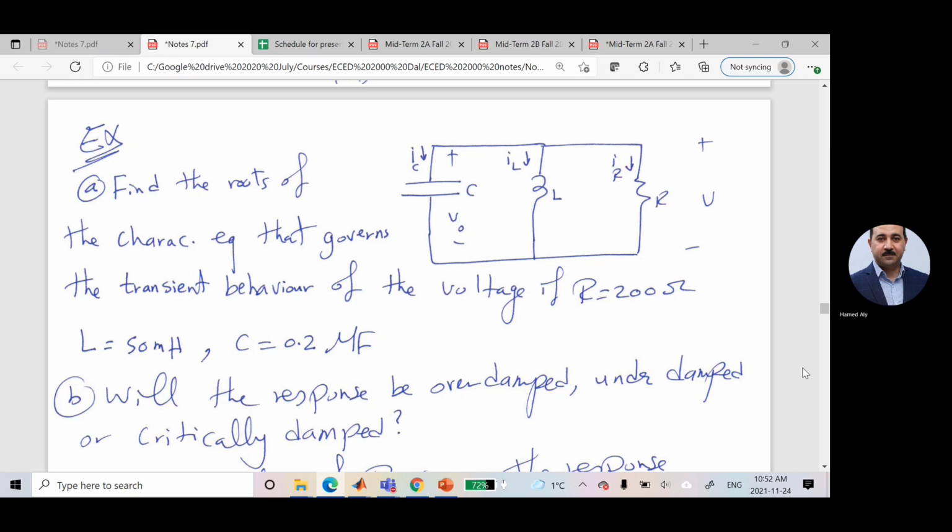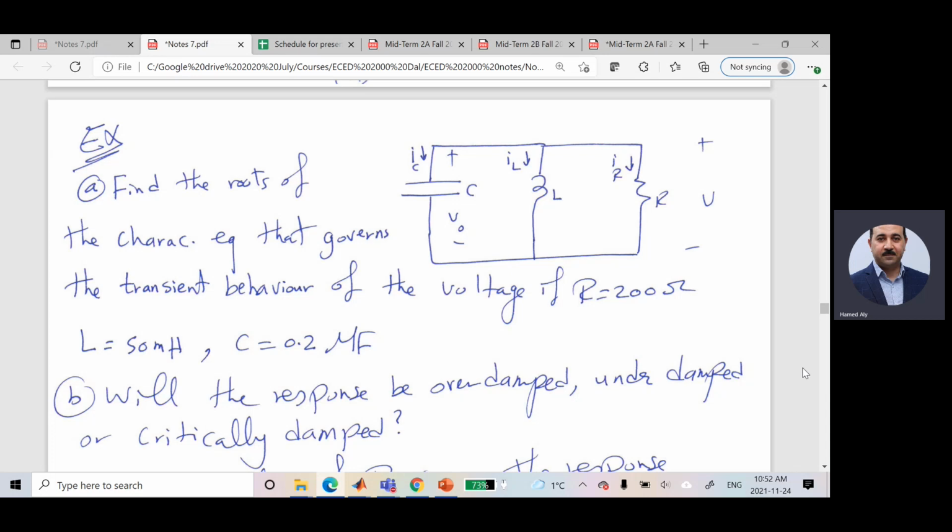How? I know that V, in case of the inductor, is equal to L dI by dt. So if you are finding the current in the inductor and you would like to find dIL of 0 by dt, you have to find V across the inductor of 0 divided by L, because V is equal to L dI by dt.